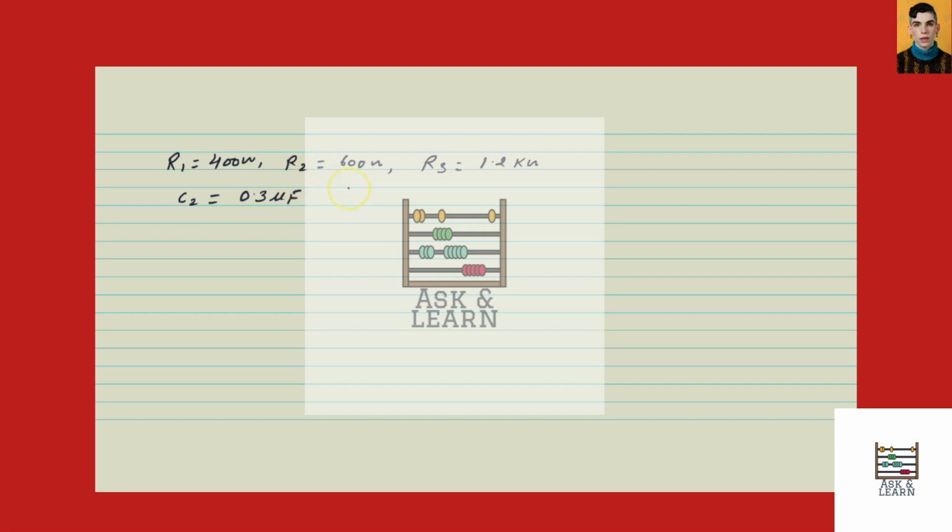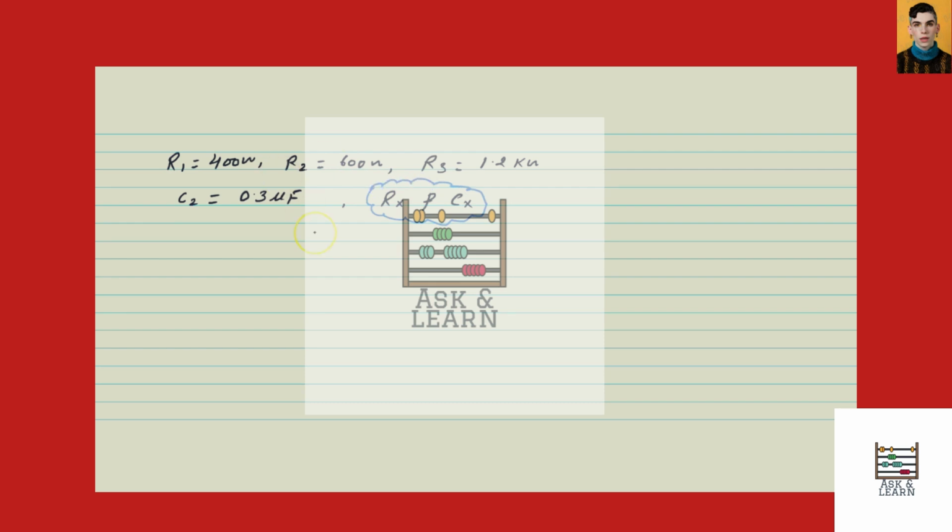Now we have to find the value of the variable or unknown resistance Rx and the capacitance Cx. We have to measure the value of these two parameters.